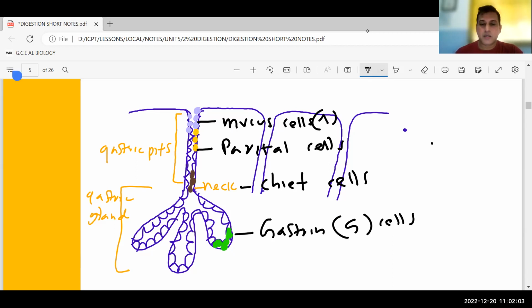Mucus cells, parietal cells, chief cells, gastrin cells.